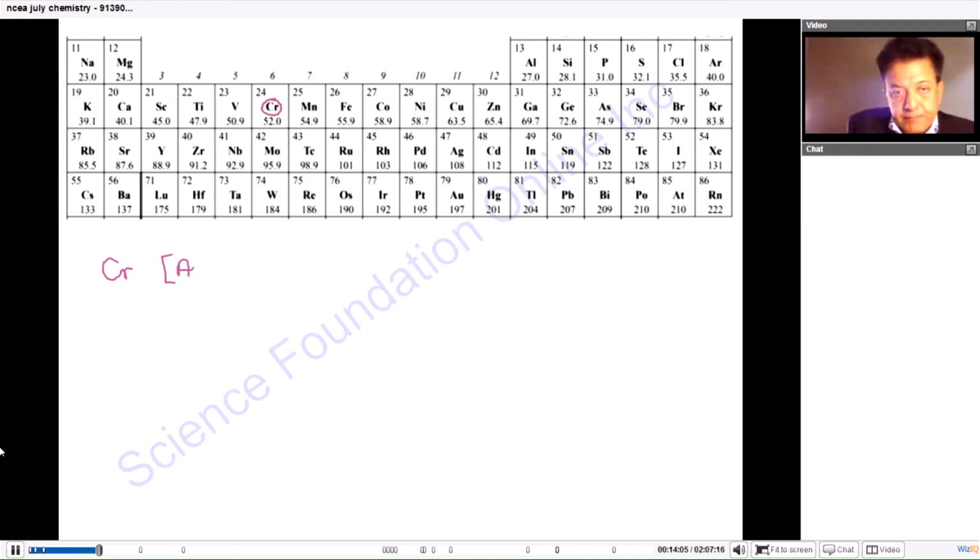The inner shell electron structure of argon, followed by, I'm just asking this as a question, 4s2, 3d, this is my reasoning, 1, 2, 3, 4, and would that be correct to say 3d4?